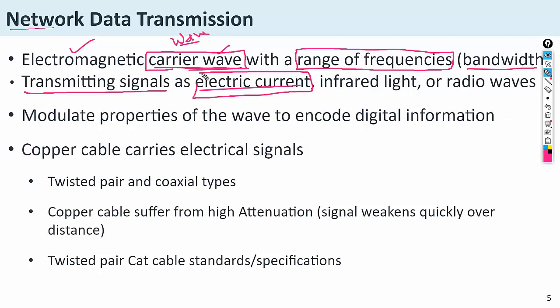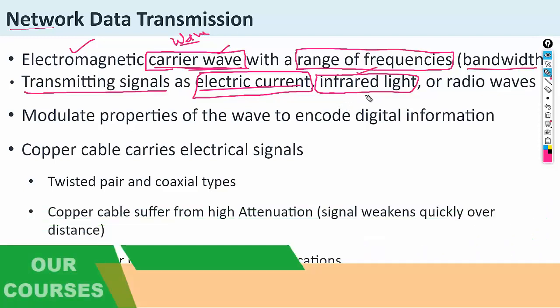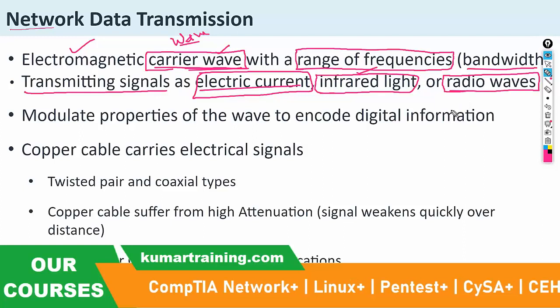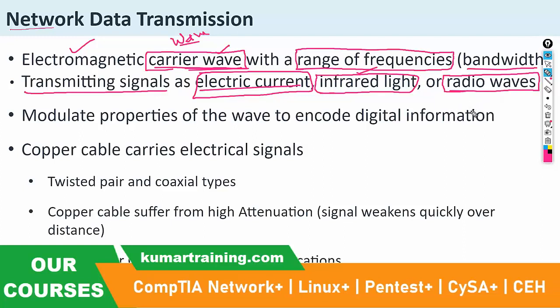and in other cases as infrared light. When we talk about fiber optic cable, this uses infrared, and radio waves. If there is a microwave, the data is transferring in the form of radio waves.